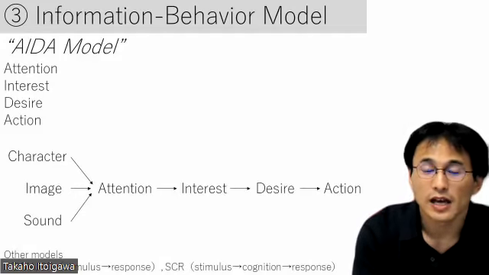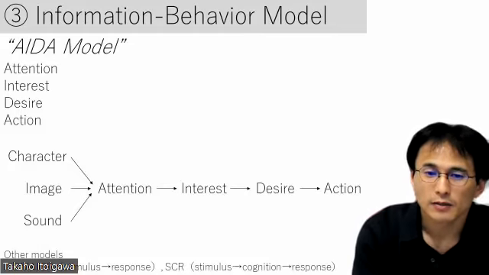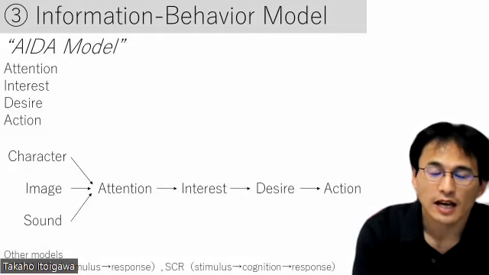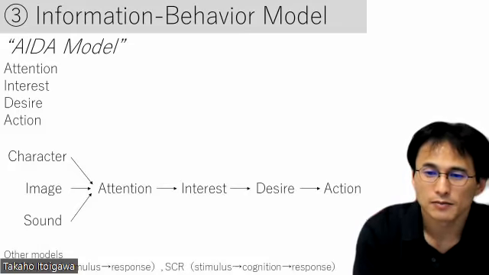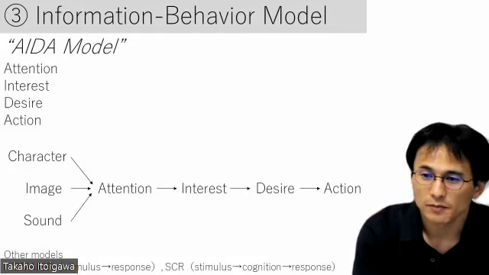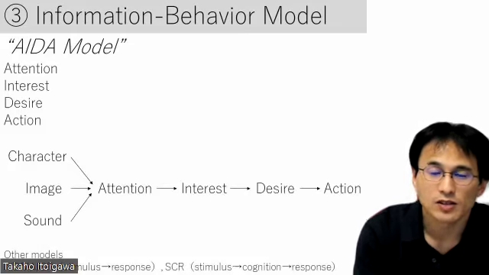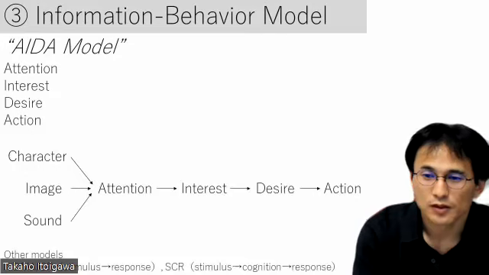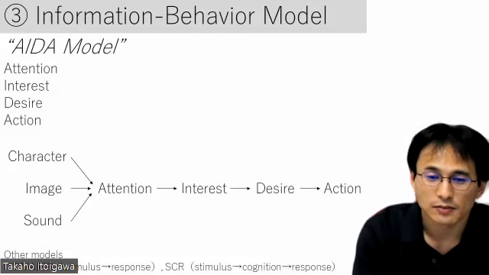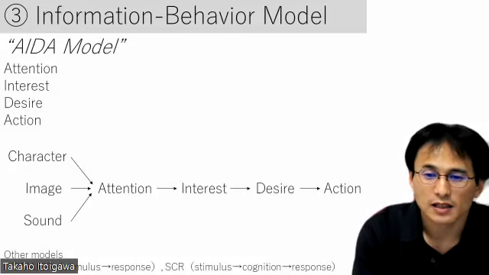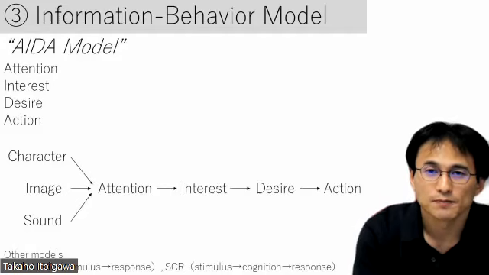In addition to the AIDA model, other models such as the AIDMA model, the SR model, and the SCR model have been proposed as examples of modeling of the process from information acquisition to the generation of human action. The AIDA model has been presented here as the most basic of these information action models.